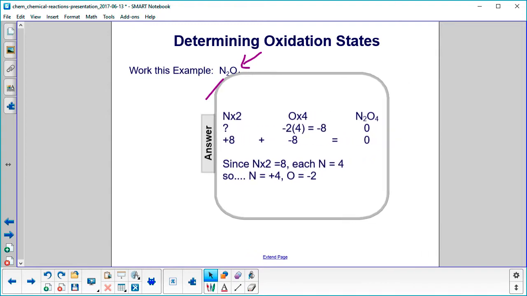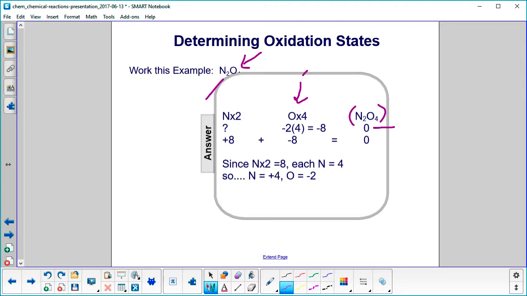Okay, so here we go. We look at oxygen because that's the anion. We find its valence, it's -2, but there are 4 of them. So its total there would be -8. The compound itself is neutral, so it's equal to 0. And now we do some math. But please make sure you remember there's 2 nitrogens.